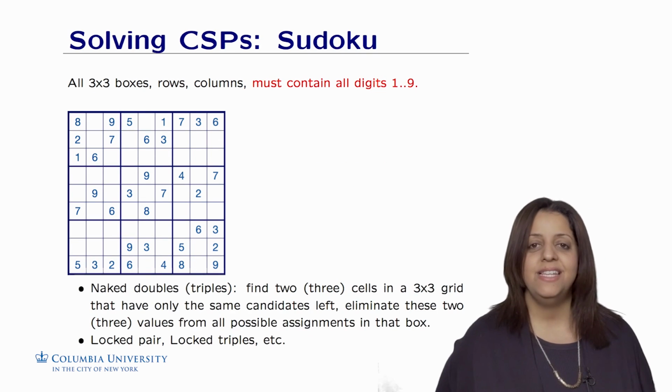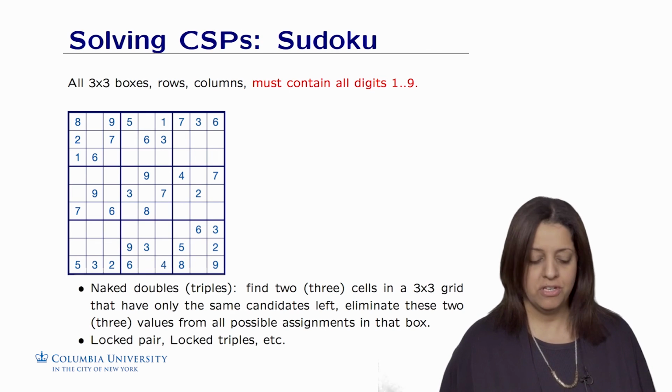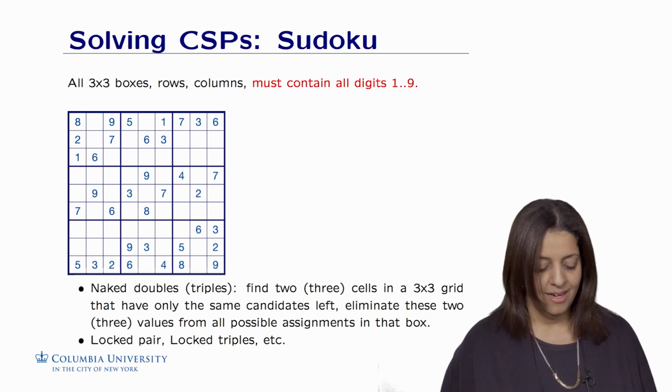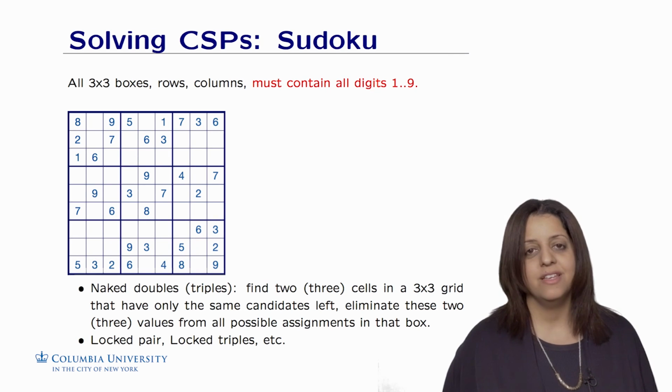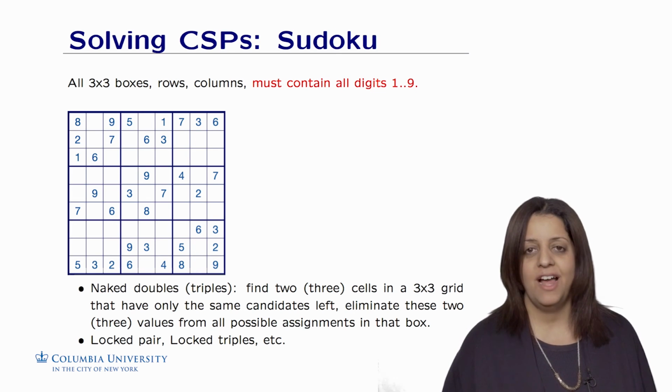But in some fancy or difficult Sudokus, it's not enough to use this kind of constraint. Sudoku players and lovers like to use advanced techniques such as, for example, the naked double or triple, the locked pair, the locked triple, etc. The idea of this is simply to make inferences on the possible values of the cells.